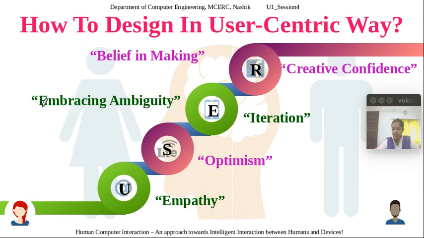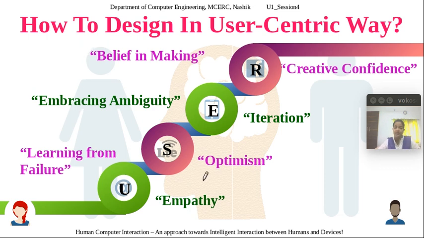Embracing ambiguity. Ambiguity means confusion, so your application or your system should be error free, it should be unambiguous. Unambiguous means what? There should not be any confusion while using your system. Last will be learning from failure.